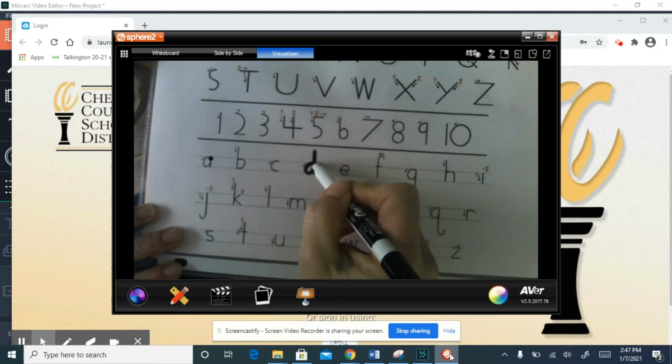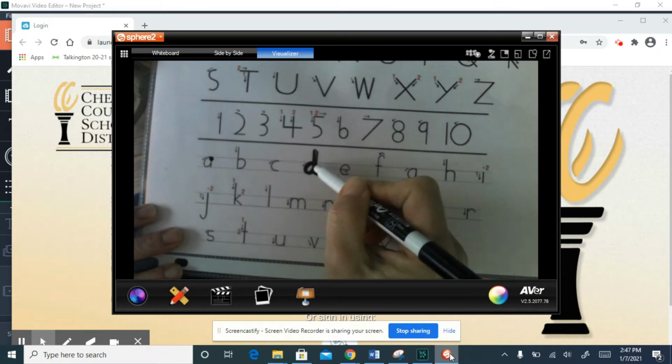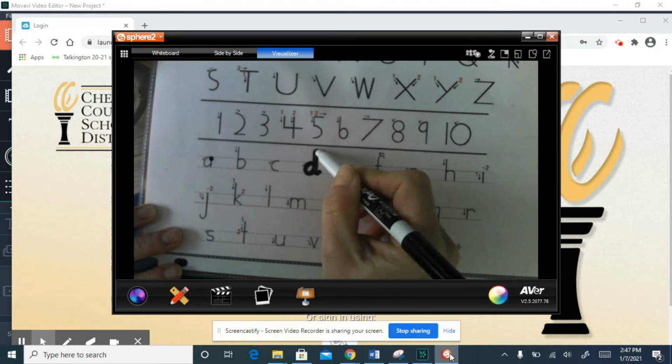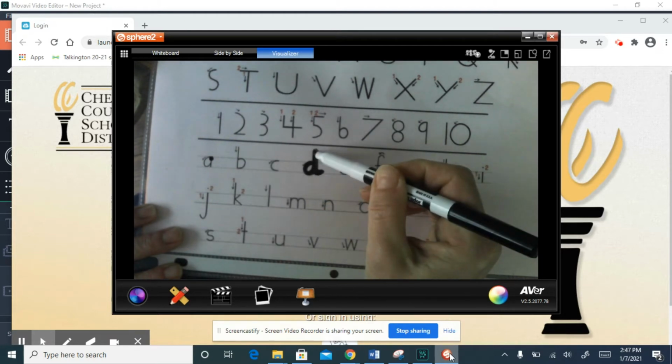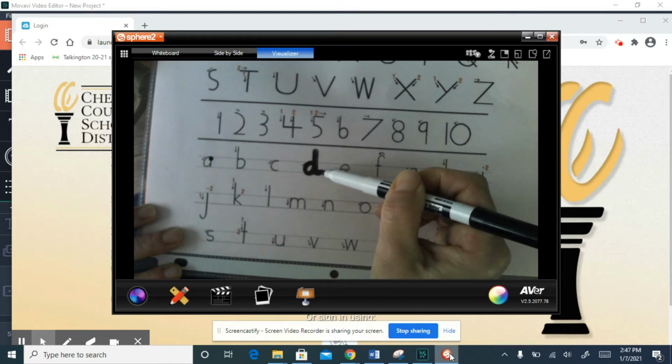Again, tracing where you would start the A, around, down, touch the top, retrace back down with a monkey tail. And the last time, just like you'd start the A, curve around, down, touch the top, retrace back down with a monkey tail. And make sure when you're retracing right back down, you're right on that same line that you drew up and then back down so that there's no loops.